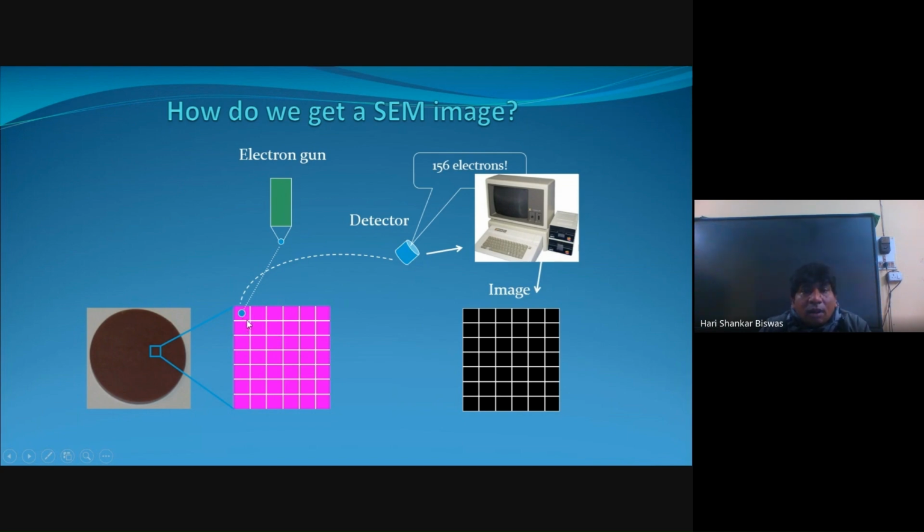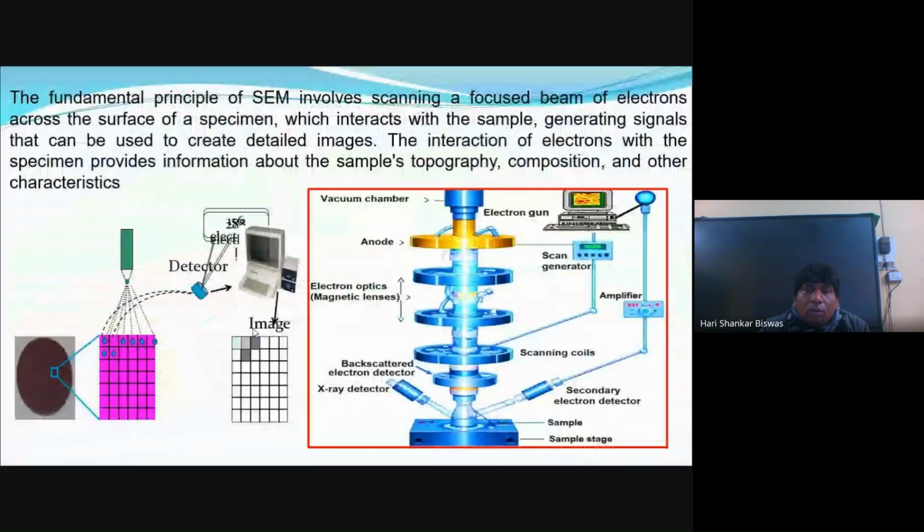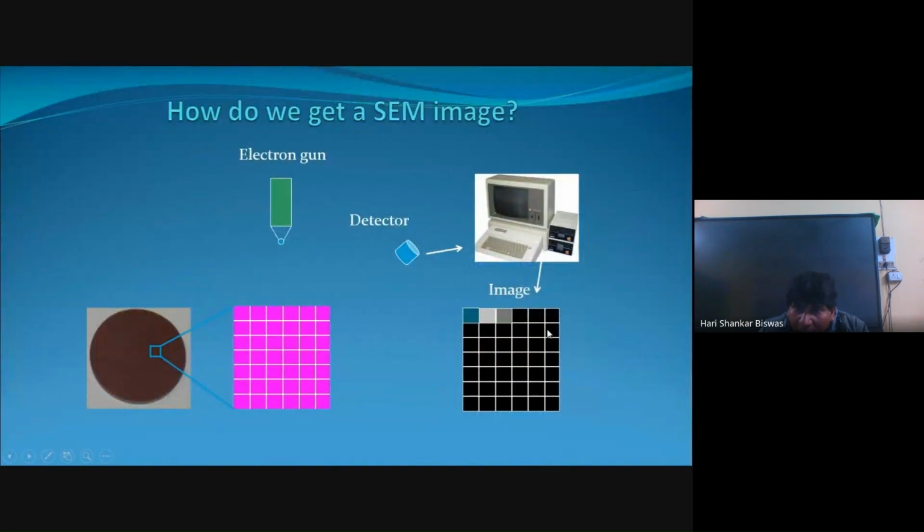Then some electrons are reflected, and a detector can detect this type of electron, and in this way we can get an image.